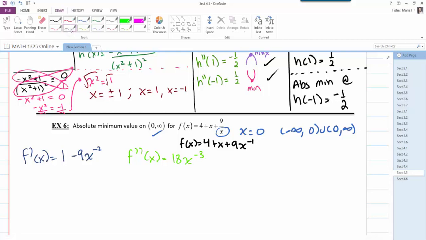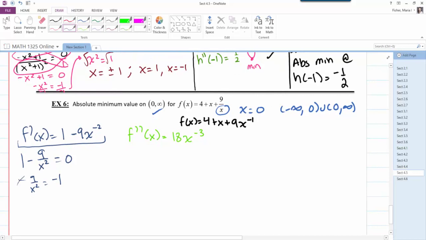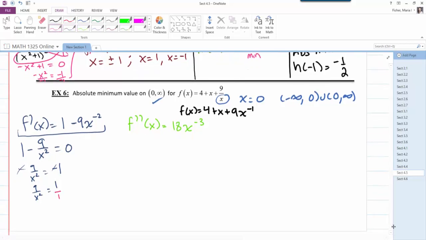So now let's figure out where in the world is this thing equal to 0. So I have 1 minus, well, if I rewrite this, 9 over x squared equals 0. So the first thing I want to do is I want to move this 1 to the other side. So I get negative 9 over x squared is equal to negative 1. Well, since I have a negative on both sides, those kind of cancel out. So I just have 9 over x squared is equal to 1. Well, I can always put this 1 over 1 to cross multiply to solve for x.